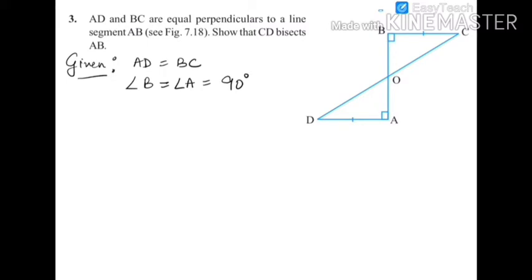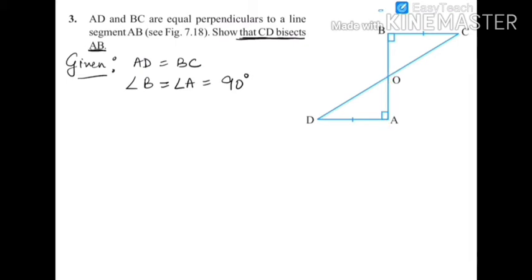This question is an indirect question where we have to understand that we have to prove the triangles congruent. So which triangles we have to prove congruent? That will follow from what is asked, that is, show that CD bisects AB. So to show that CD bisects AB, we have to show BO is equal to OA.